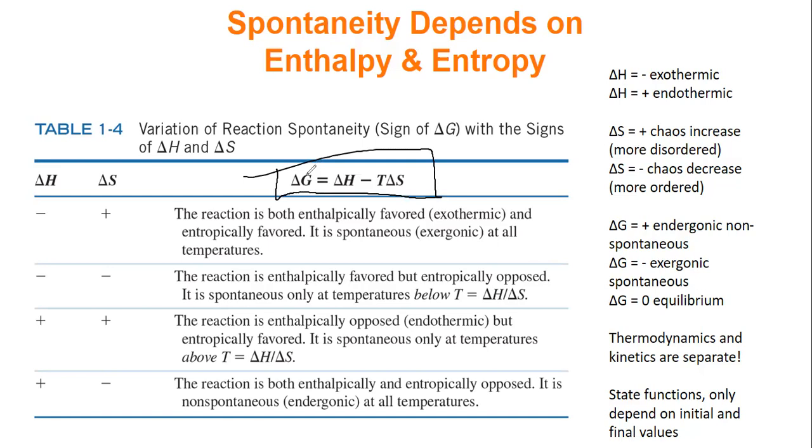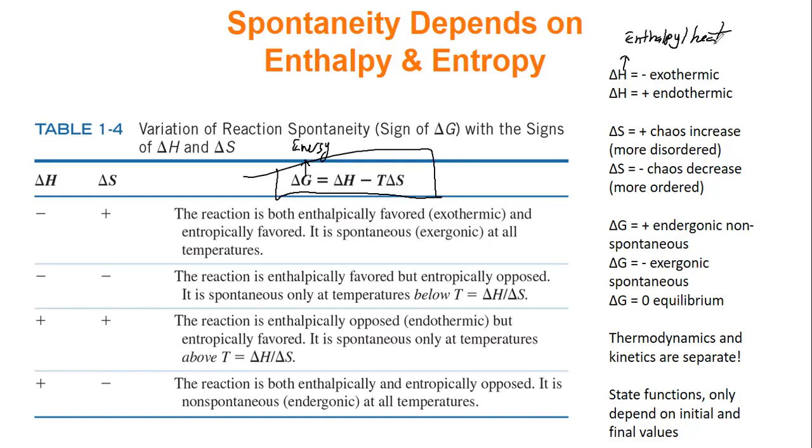Delta G is energy, or the ability to do work. H is enthalpy, or heat. It's kind of the same thing. It's not a one-to-one comparison, but it's close enough.